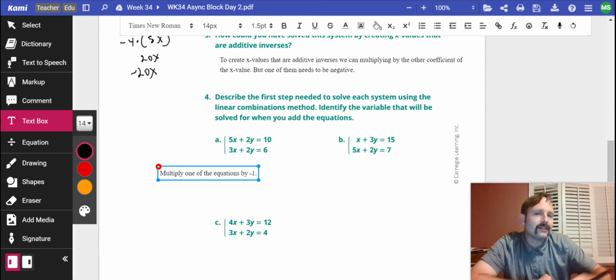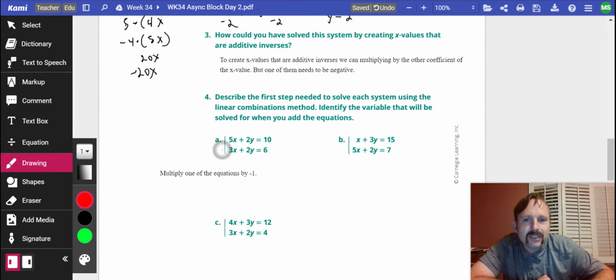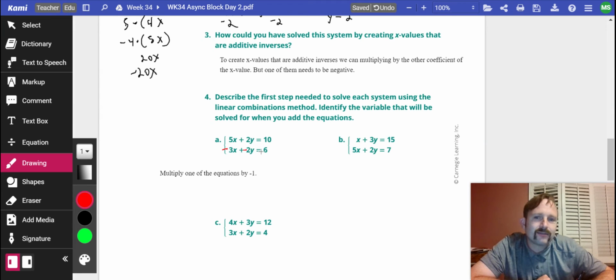Because if we do that, then we would get a -2y plus 2y. And that will get rid of the variable y.